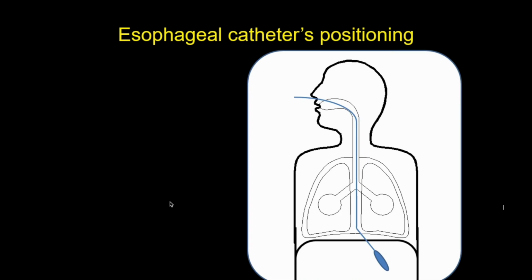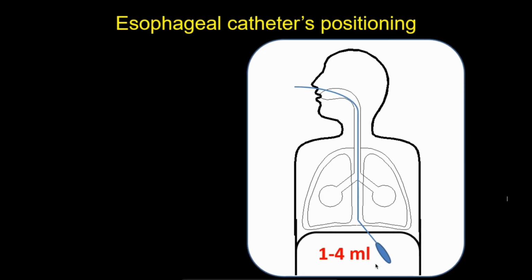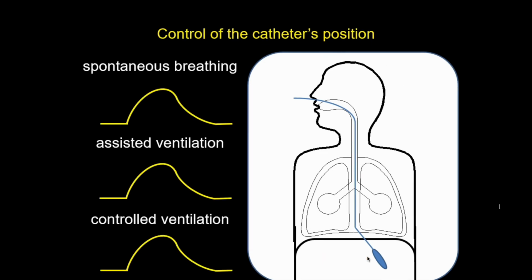Now let's see how it can be done. The first thing that we need to do is to insert the catheter with the balloon inside the stomach. Once that's done, you inflate it as per the recommended volume. Different catheters have different recommended volumes.